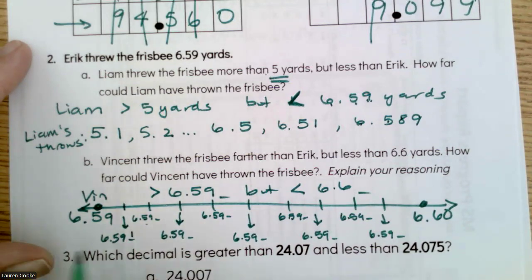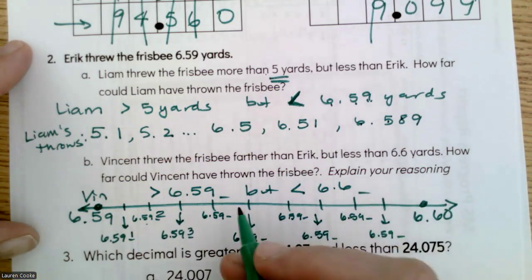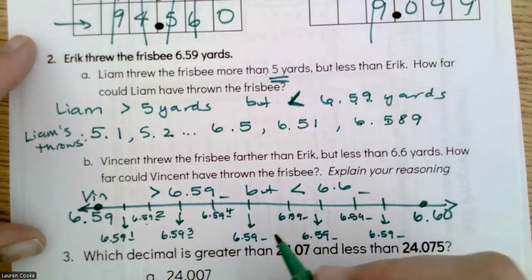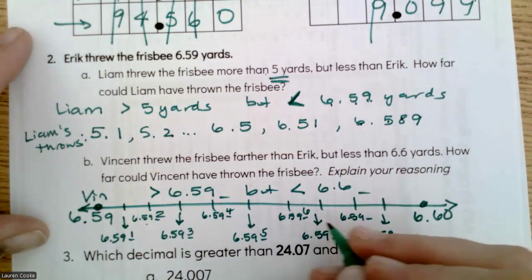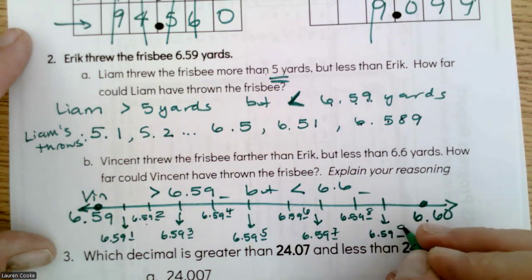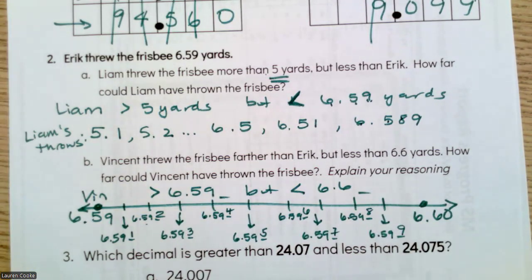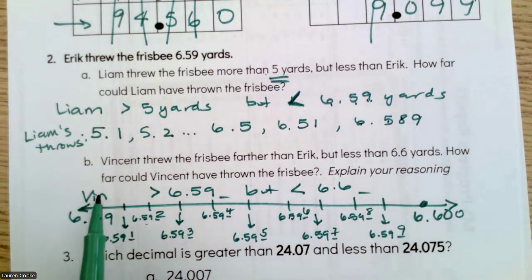So this is 591 thousandths, 592 thousandths, 593, 594, 595, 596, 597, 598, and 599 thousandths. So if he's less than 6 6/10 or 60 hundredths or 600 thousandths, how far could he have thrown it?